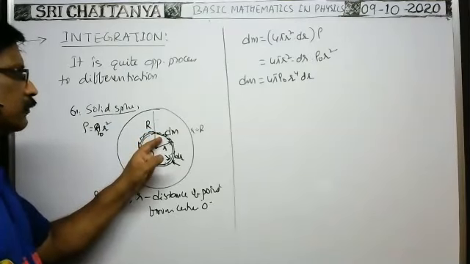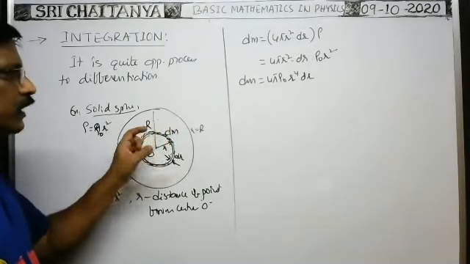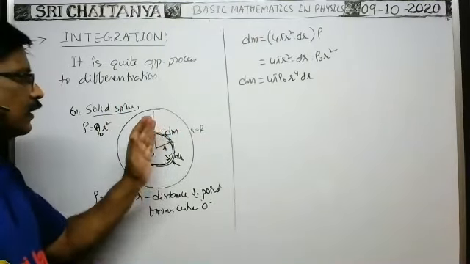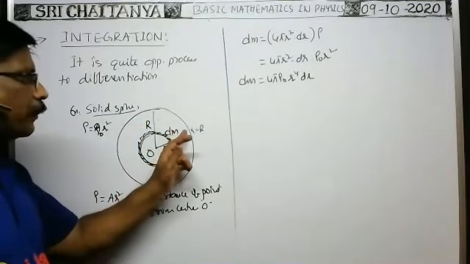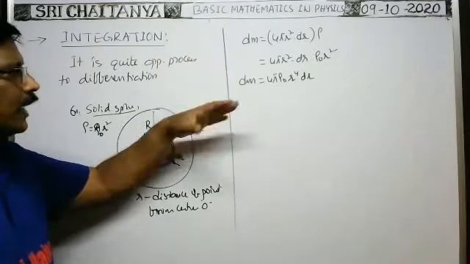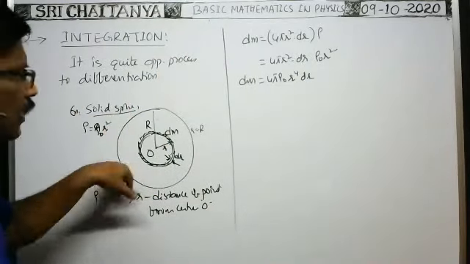This type of element can be imagined from r equal to 0 to r equal to capital R. Infinite numbers of such elements can be imagined from small r equal to 0 to capital R. For each and every element, you find the mass like this, and if you add all those masses, that gives the mass of the entire solid sphere.